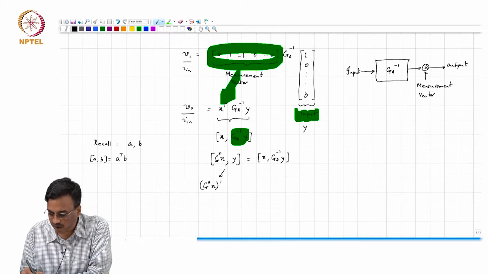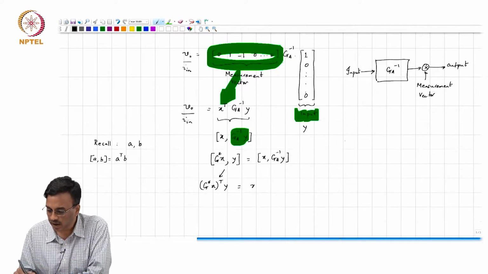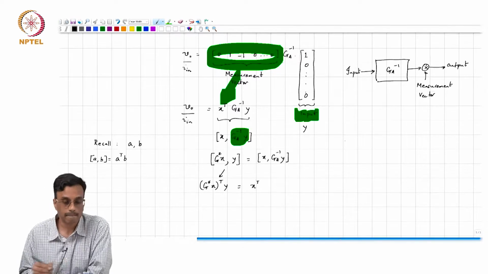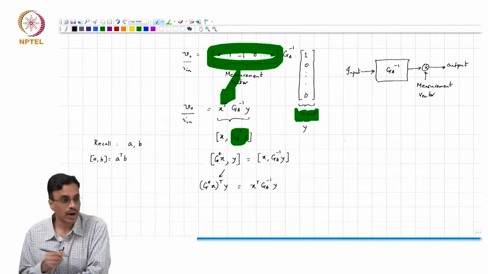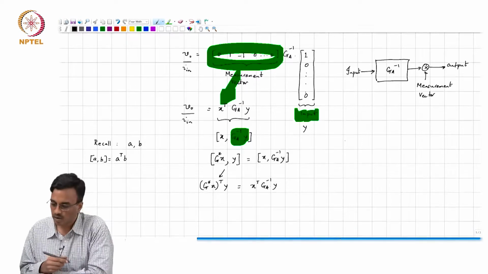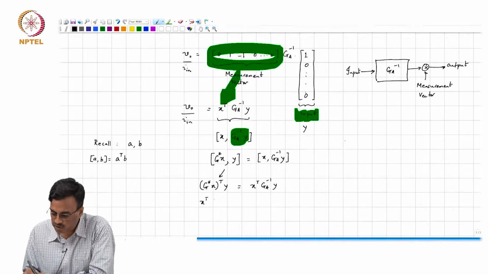G star times x transpose times y should be equal to x transpose GA inverse times y, all right. And this is nothing but x transpose G star transpose y must be equal to x transpose GA inverse times y.